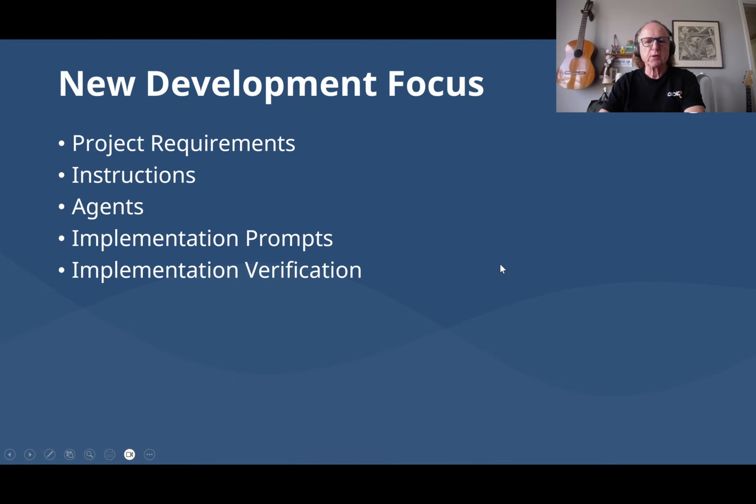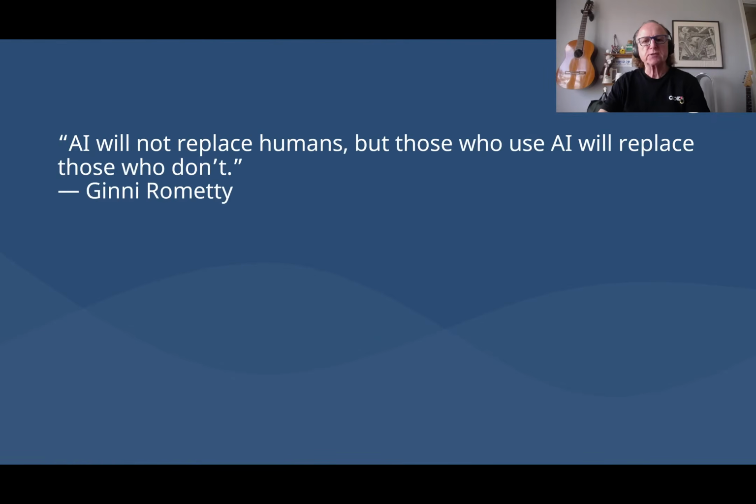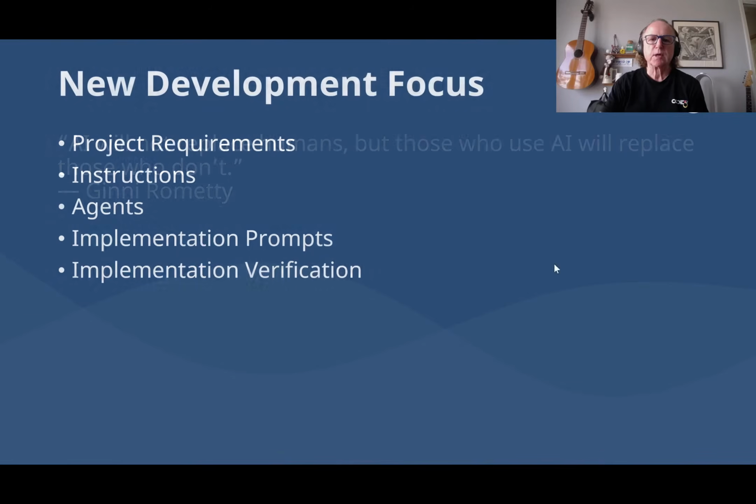From there we'll be able to look at the code that was created and talk about what some of the features of that are. One of the things I like to emphasize is I think that this quote is pretty much on the money. This is from Ginny Rometty, who was the head of IBM for a while. It basically says AI is not going to replace us, but people that use AI will replace those who don't.